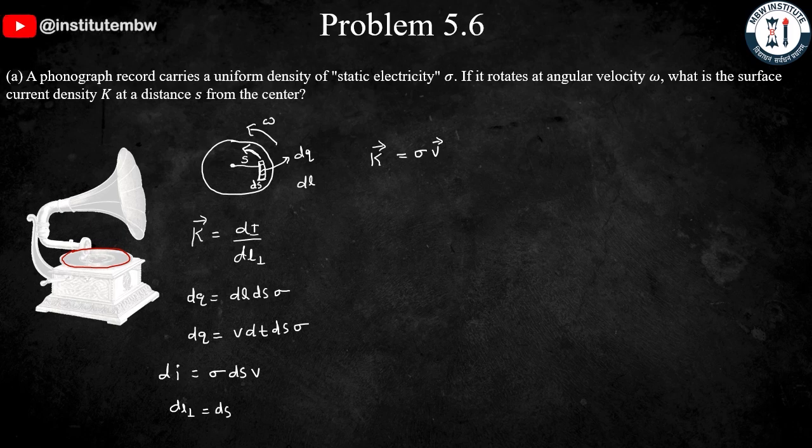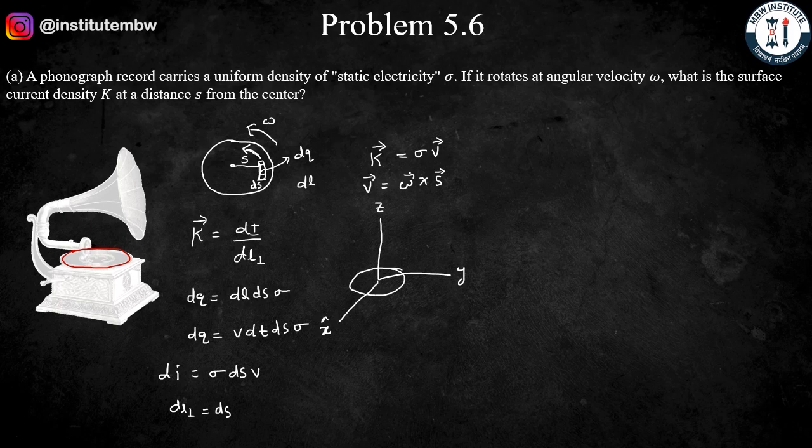And we know that v vector is equal to omega vector cross s vector. In case of a disc, we will assume a cylindrical coordinate system. So cylindrical system is like this: x cap, y cap, z cap, and this is our disc.